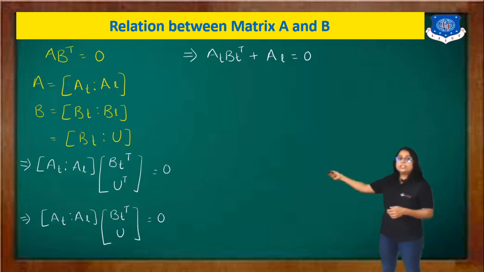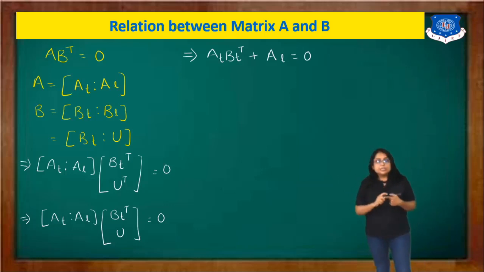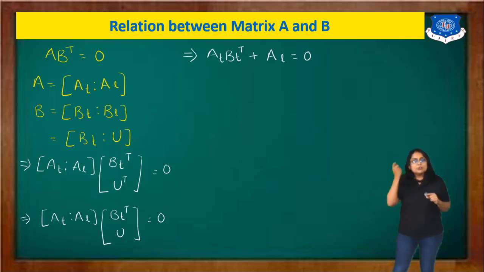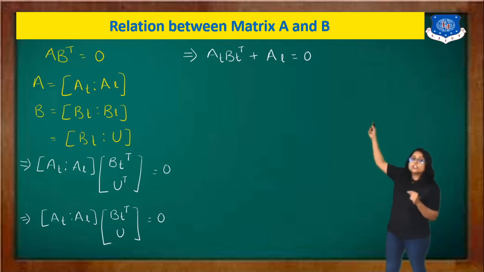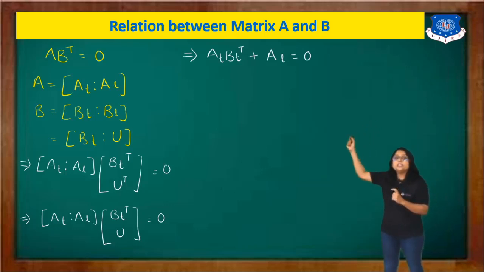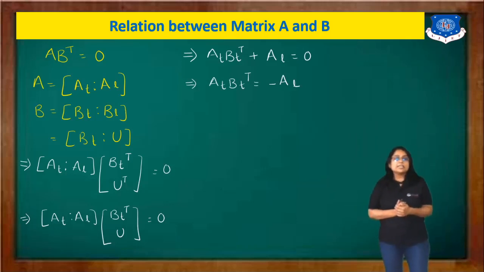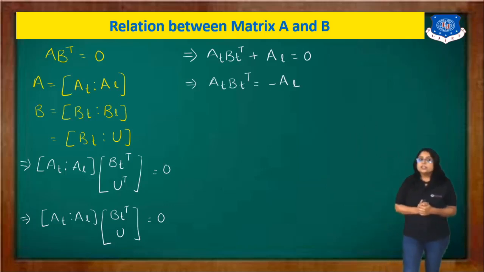Now, see, matrix B equals BT and U. If I write BT in the form of A, then I'll get the relation between matrix B and matrix A. So my aim is to find the value of BT in terms of A. So in this equation, my subject will be BT. That means AT into BT transpose equals minus AL.